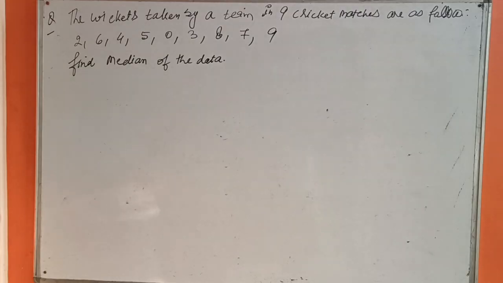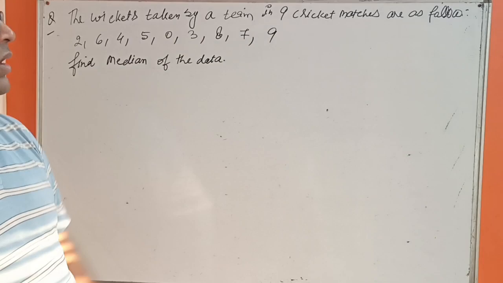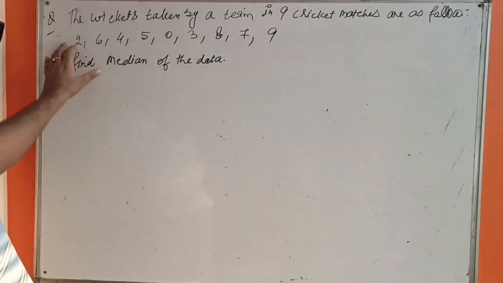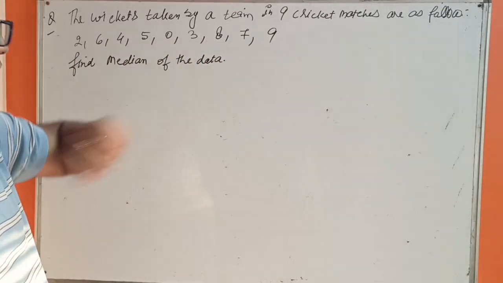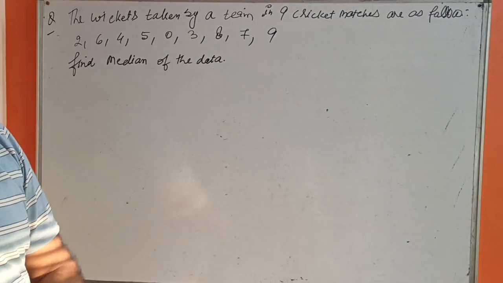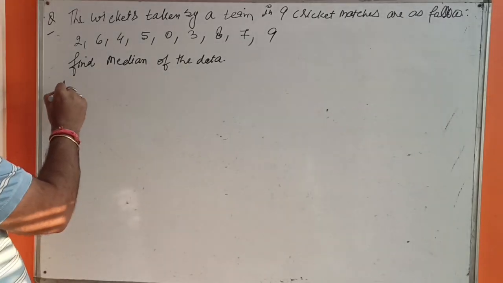Next question is: the wickets taken by a team in 9 cricket matches are as follows: 2, 6, 4, 5, 0, 3, 8, 7, 9. Find the median of the data. So this is the ungrouped data.